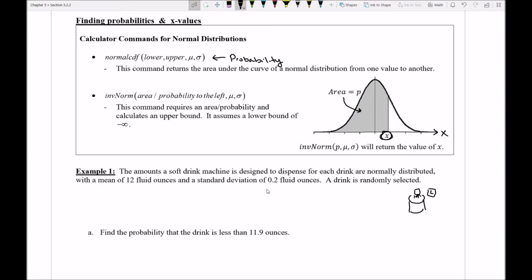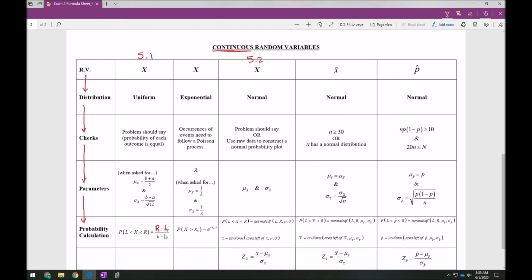Now, first off, you'll see that I have this space that's given here, and we want to fill that in as we start to think through what we understand from our formula sheet. Remember that on the formula sheet we have this nice flow chart, and if we're working with a normal distribution, then we are going to be working with this third column over here. And of course we're going to start at the top and work our way down. So I'm going to start by identifying and stating what my random variable x actually is.